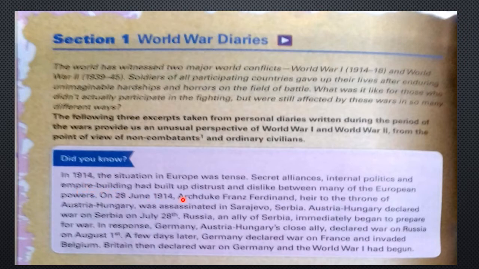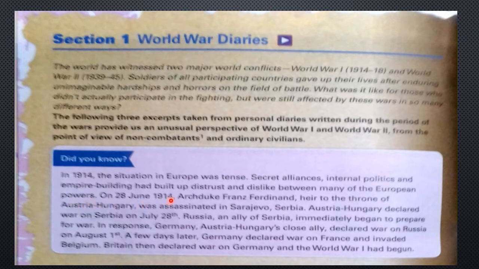These had built up distrust and dislike between many of the European powers because they were fighting with each other, because they wanted to extend their power to other countries where everyone was trying to have the upper hand. So this is why there was distrust and dislike.